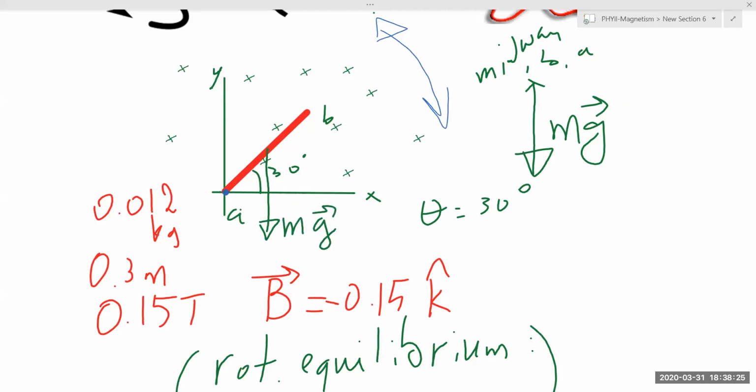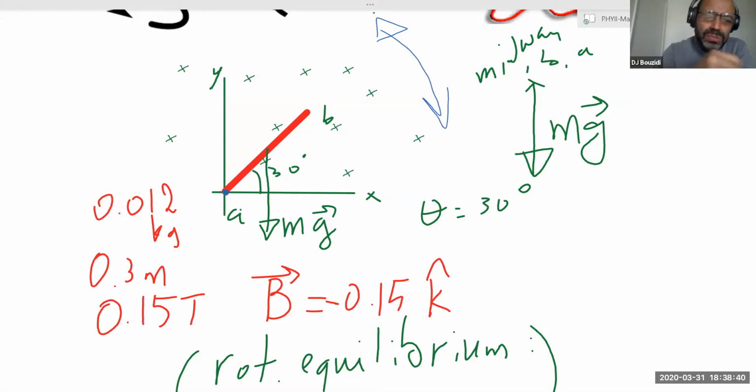Oh, it's at its center of mass. Yeah, it has to be the center of mass. This whole rod, in terms of gravity, acts like a point particle whose location is the center of mass. So it matters where I put this.